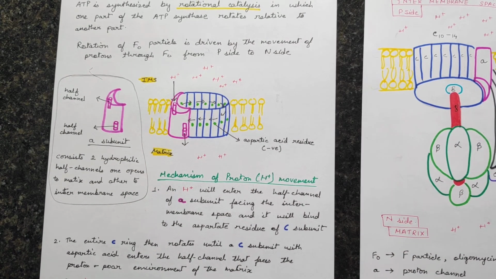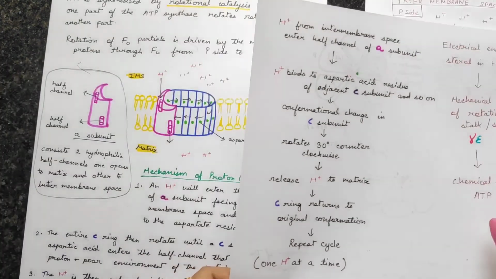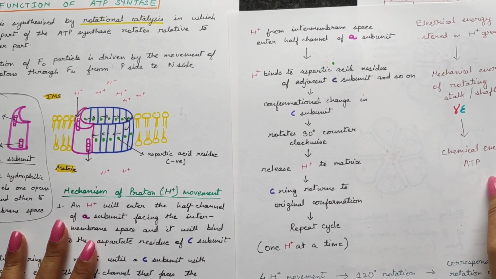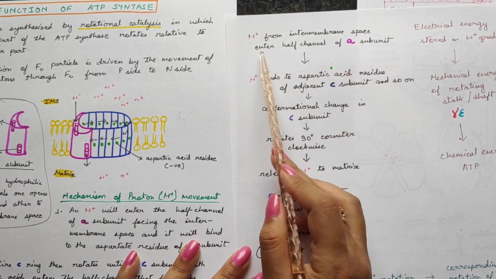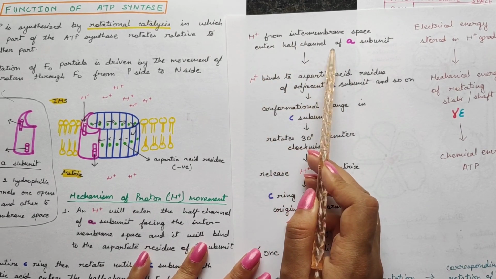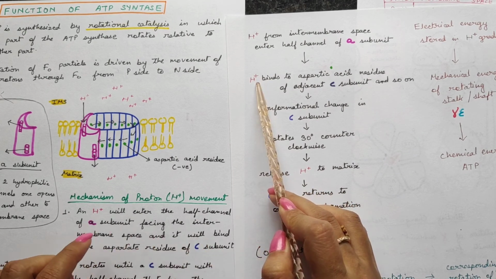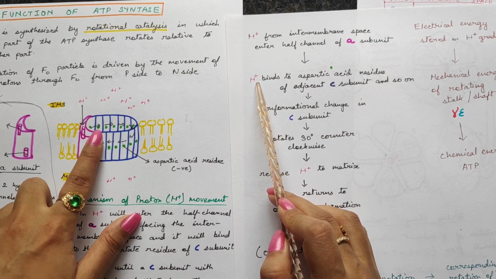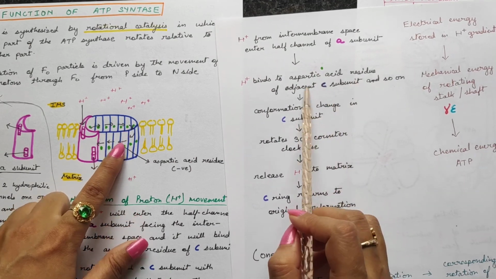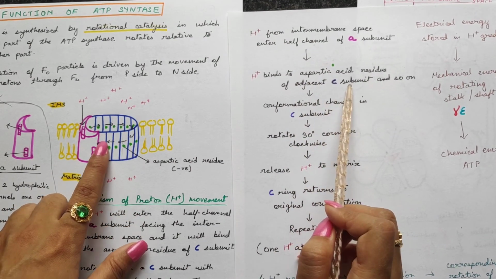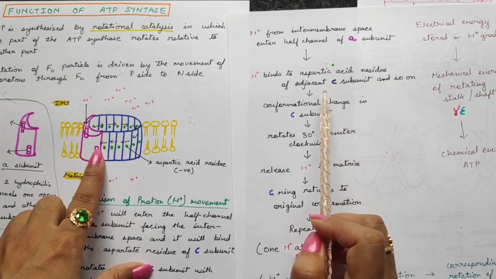Okay, so we can say that as the protons from the intermembrane space enter the half channel of the A, the hydrogen ion will bind to the aspartic acid residue, which I have shown in green, of the adjacent C subunit, and so on.